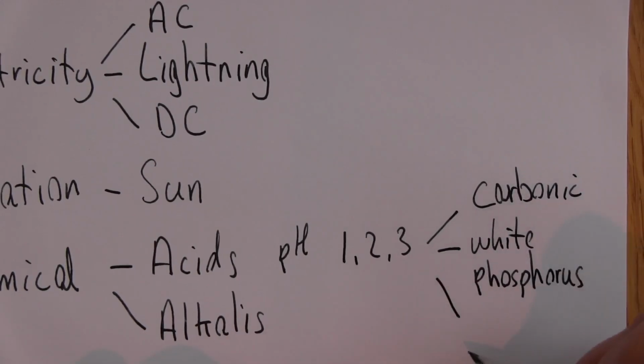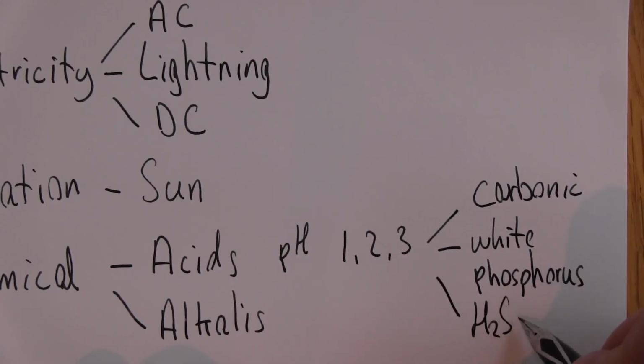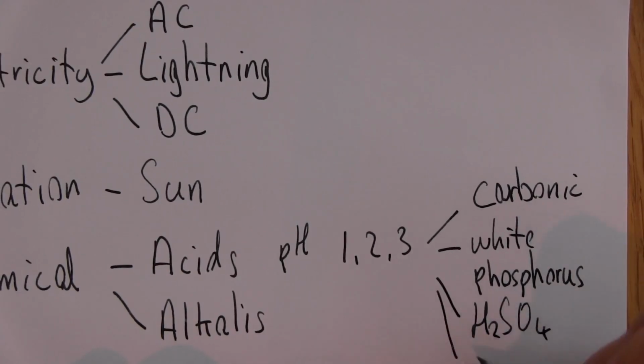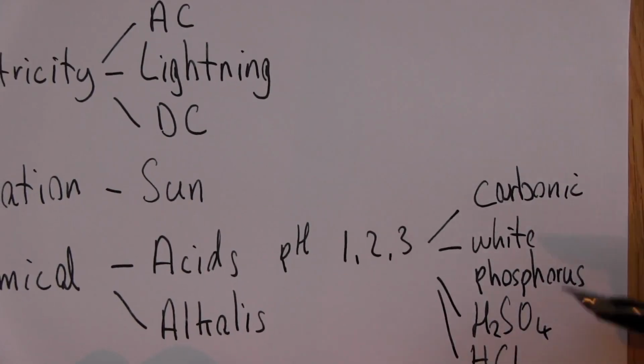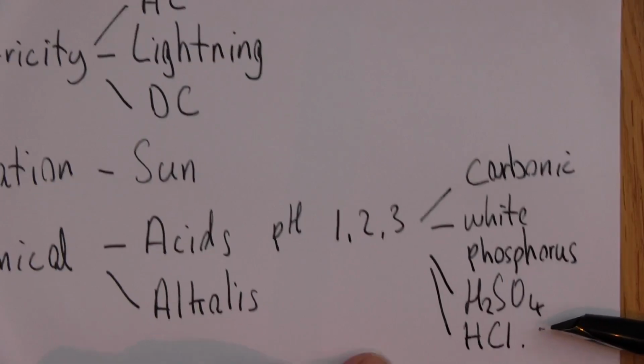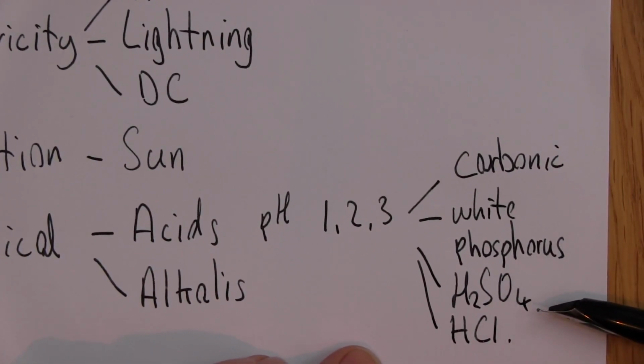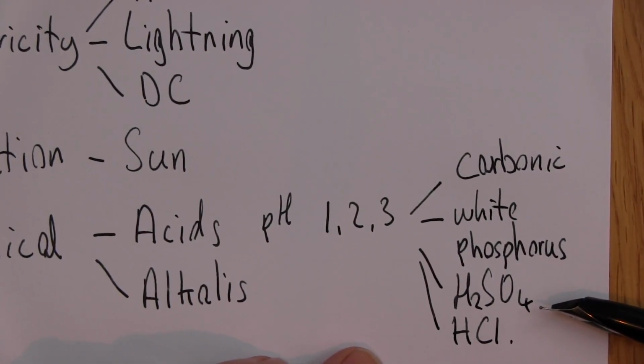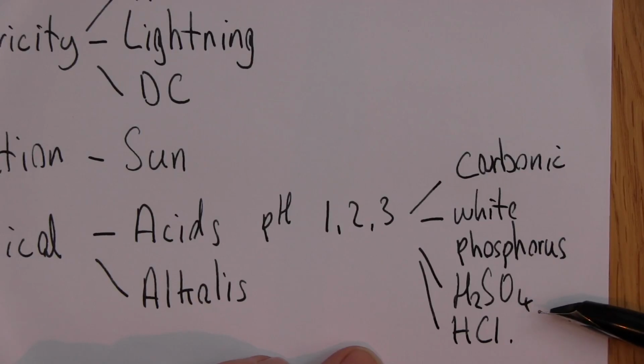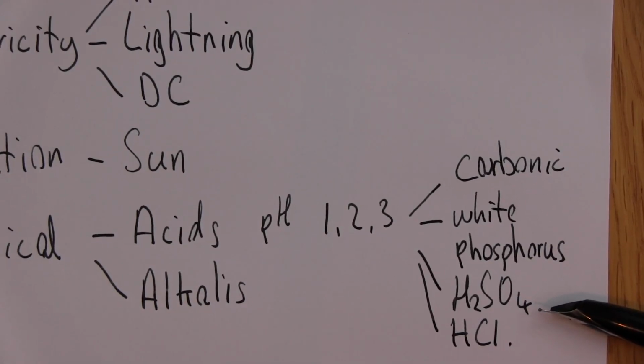More commonly maybe sulfuric, H2SO4, hydrochloric acid. Sulfuric acid is quite a common one because this is battery acids, and you might have come across patients who've been the victim of these evil acid attacks. Often sulfuric acid is being used for that.